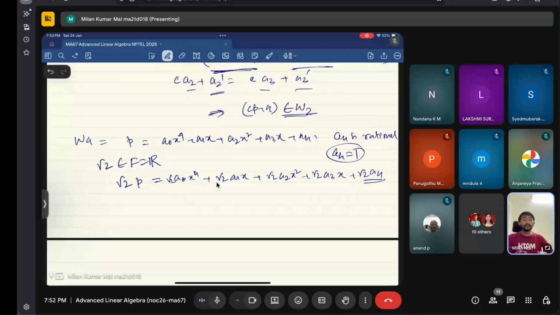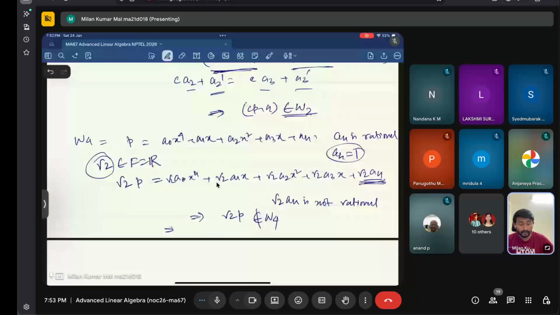If a4 is a rational number and this is an irrational number, then this product is not rational. So that implies root 2 P is not in W4, which implies W4 is not a subspace.